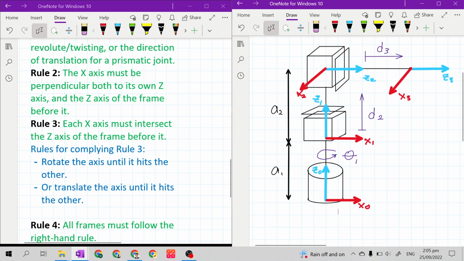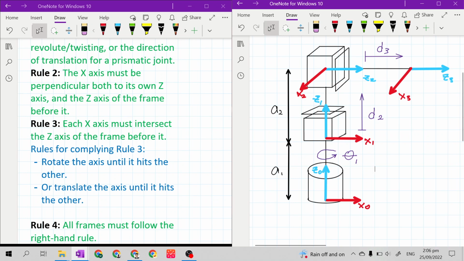According to rule 3, x sub 1 must intersect the z-axis of the frame before it. The frame before it is z sub 0. Okay? So how will you make x sub 1 intersect with z sub 0?